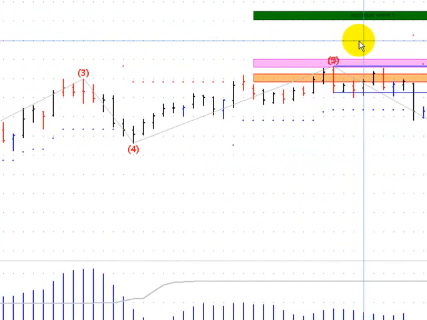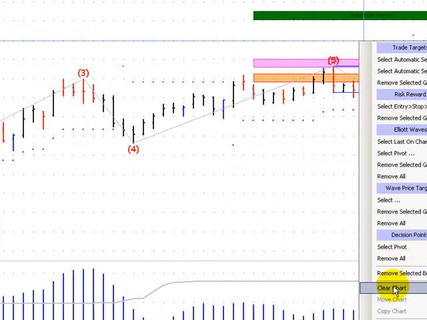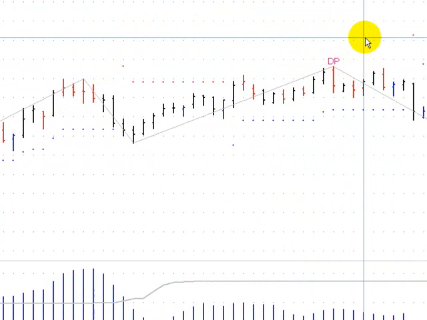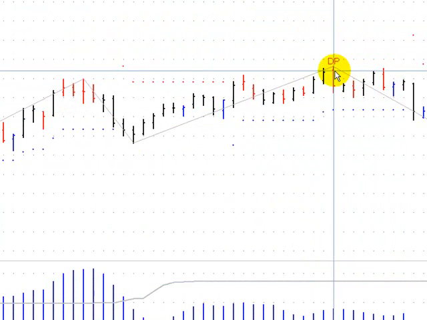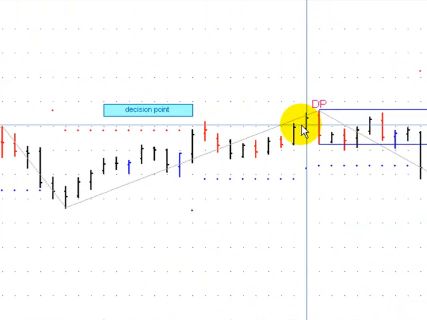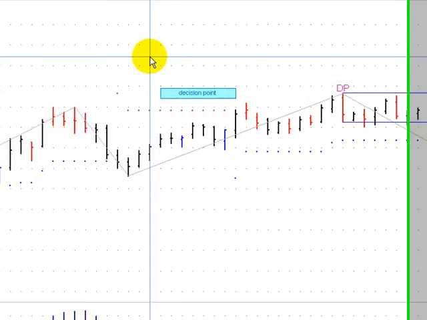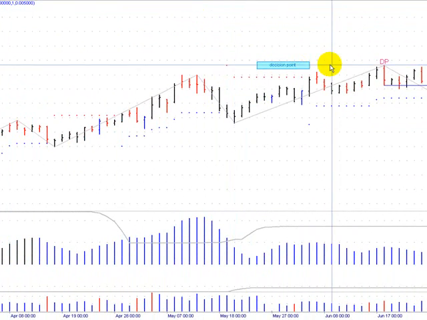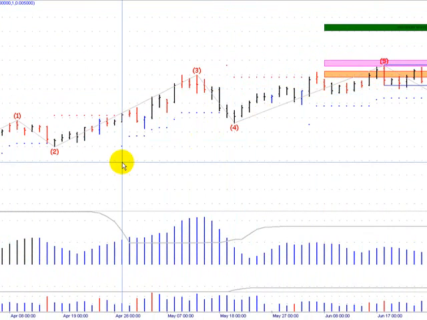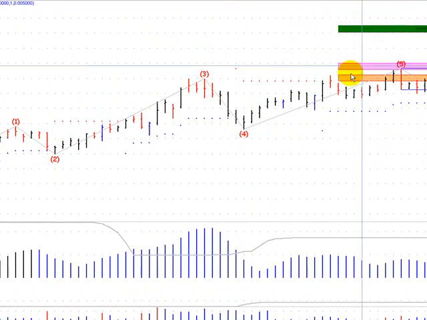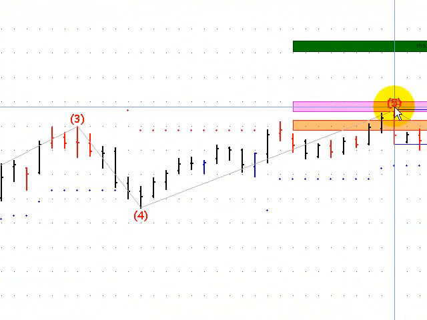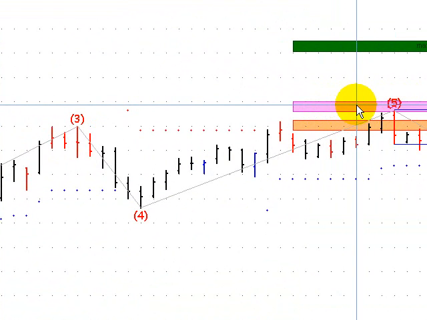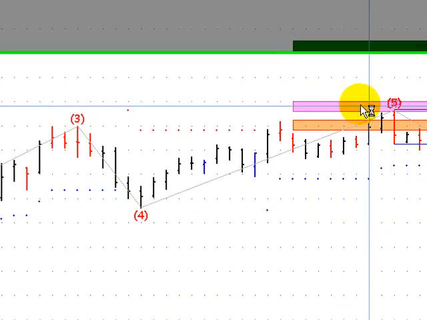Let me actually clear it for a moment so you can see that we had the DP set up here, and again the DP alone is not a reason to go short, but if I put the Elliott wave analysis on this decision point, it also gave us wave 5 up and the decision point as well into this typical wave resistance area.